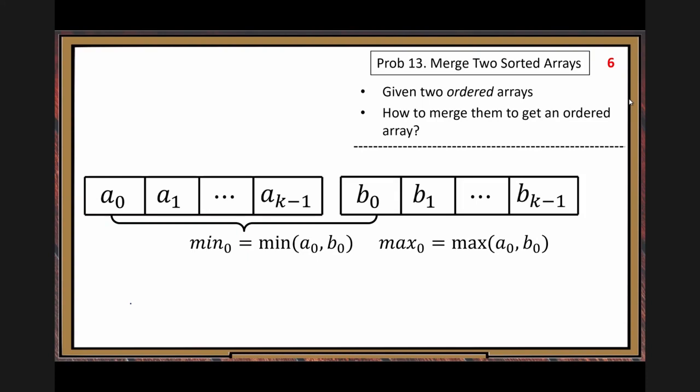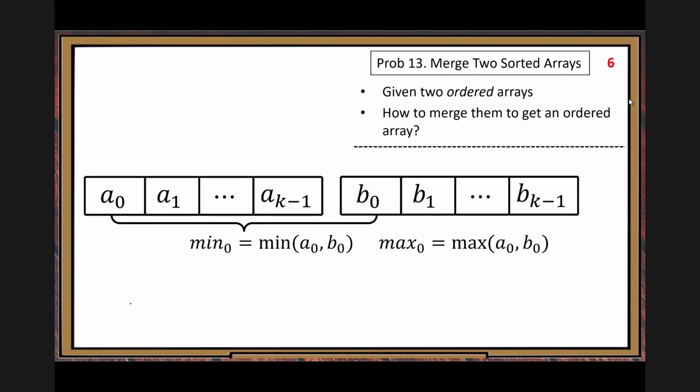Now, after the first comparison, min 0, we know it must be the smallest element of all the given data.